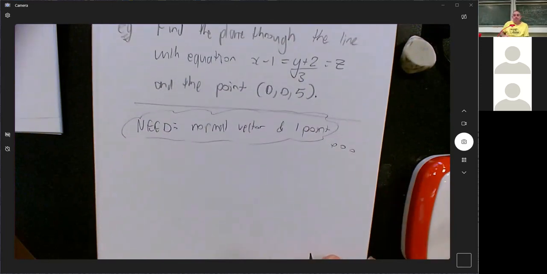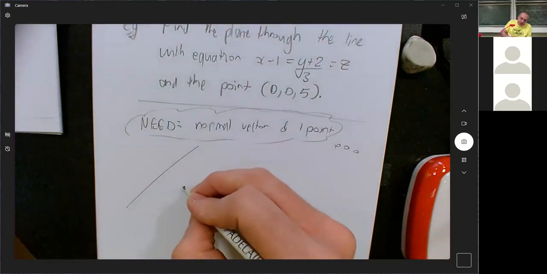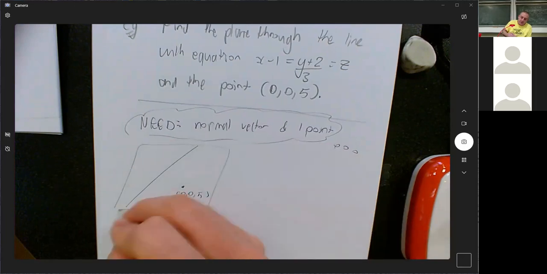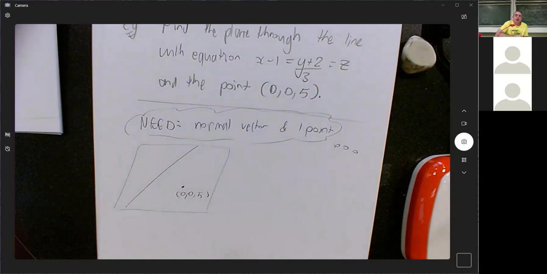This is the picture in my head. Here is the line and here is the point 0, 0, 5. And there is the plane that goes through the two of them. That's probably a bad picture, but anyway. If I had two vectors that were in the plane, I could cross them to figure out a vector that's perpendicular to both of them and therefore perpendicular to the entire plane.